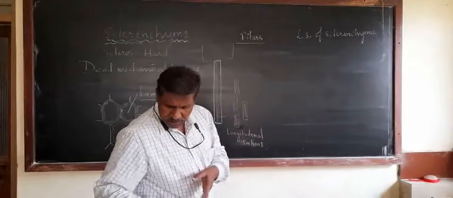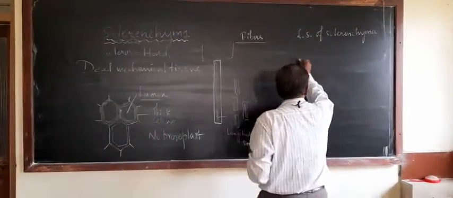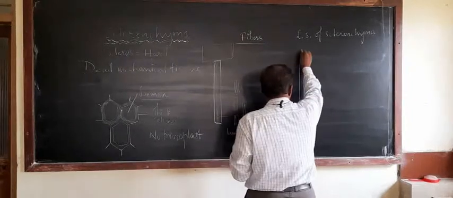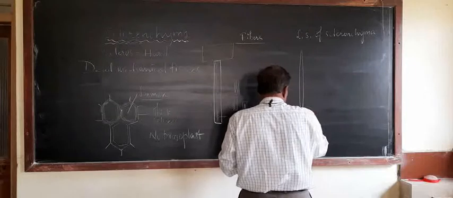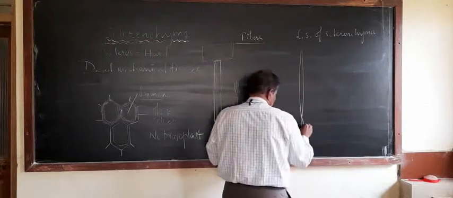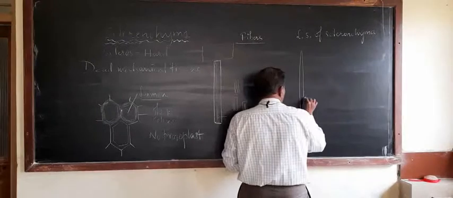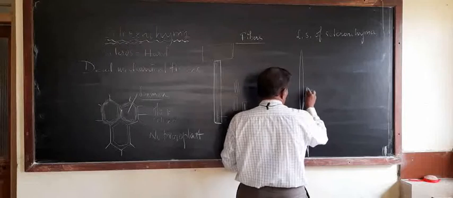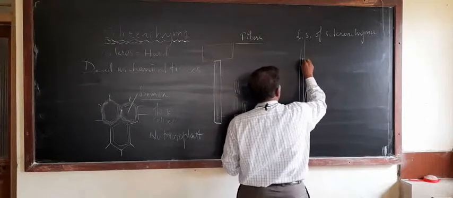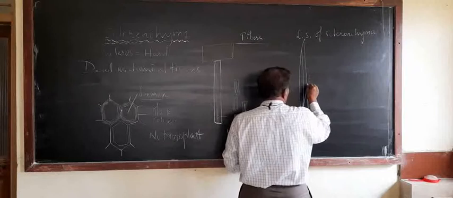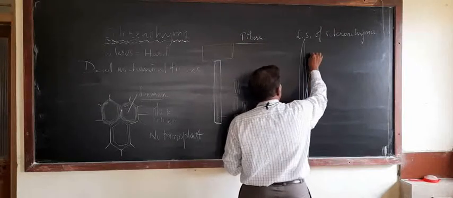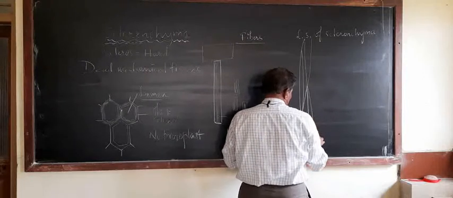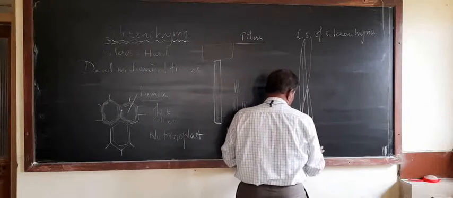In longitudinal section, the Sclerenchyma cells more or less look like this. These are the Sclerenchyma cells.